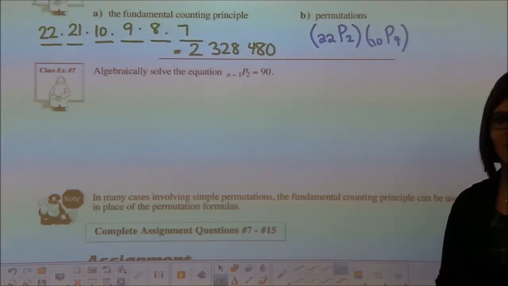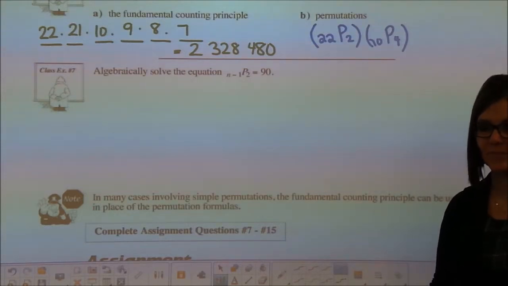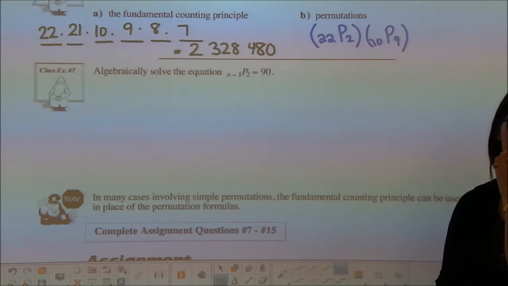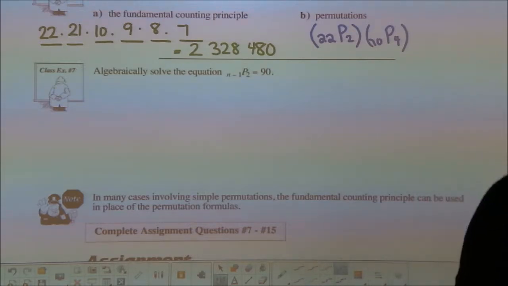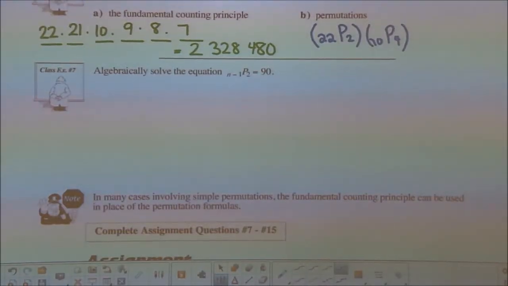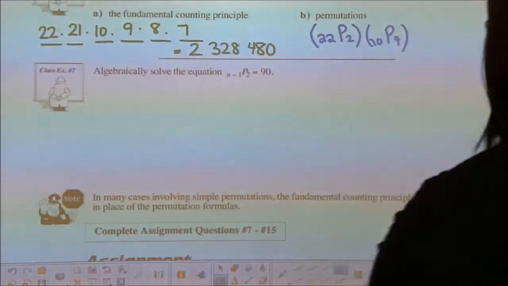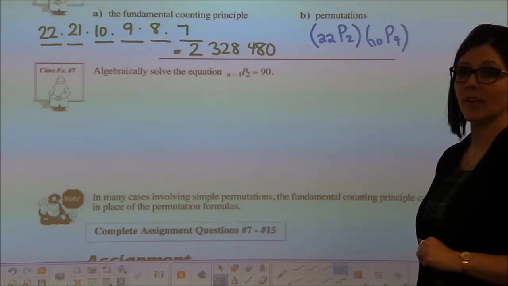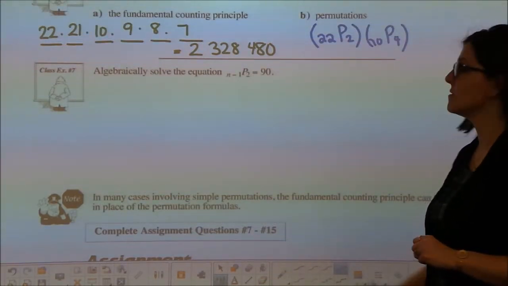So do this calculation and see if you get the same value. Okay, so do I get the same amount? Do I get 2,300,000 and some thousand? Yeah. Okay.